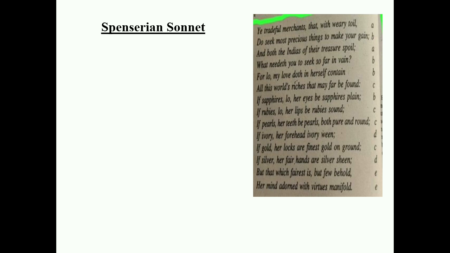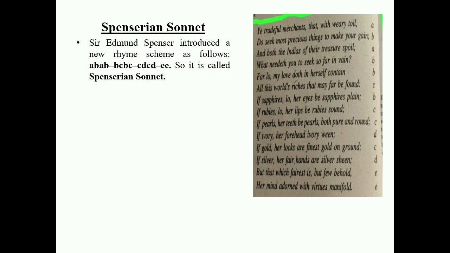Okay. And what are the characteristics of this sonnet? Sir Edmund Spenser introduced a new rhyme scheme as follows: AB, AB, BC, BC, CD, CD, EE. So it is called the Spenserian sonnet.